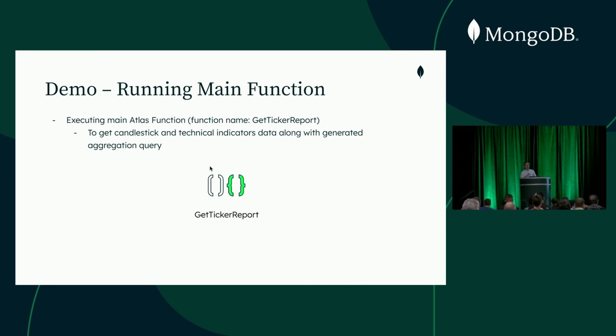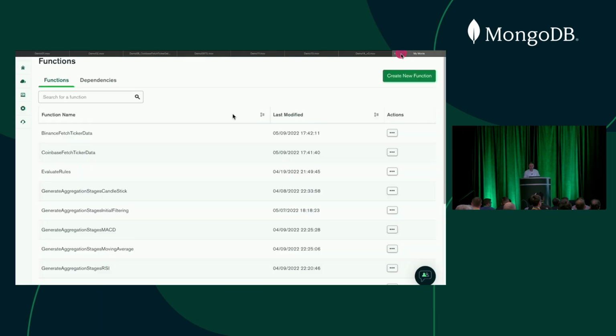My front-end application passes some parameters to this function, and all necessary calculation is done on the database level. And the technical analysis data and the candlestick data are returned back to the client. So let me show you a quick demo of this.